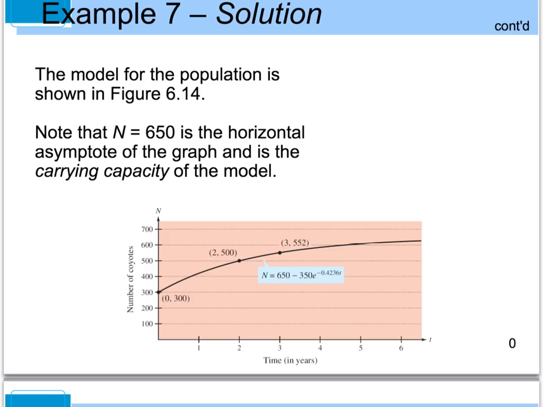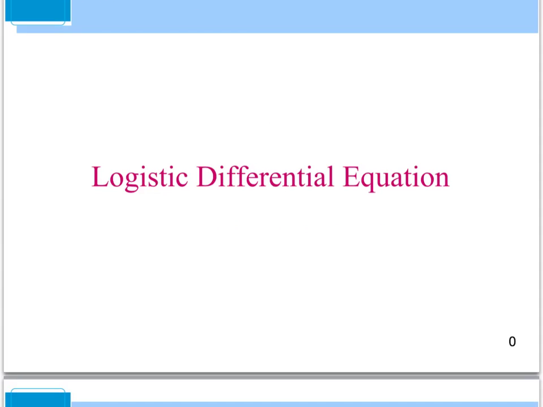And what you also notice is that when n is equal to 650, you get some type of a horizontal asymptote. Now with population growth, realistically, we know that it doesn't grow to infinity or exponentially. There's some type of a leveling out, and that leveling out or that horizontal asymptote on a graph is what we call our carrying capacity.